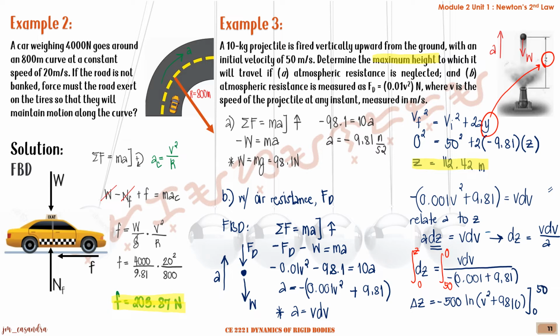So your z now, or delta height, is equal to 114 meters. Okay? So this is now our final answer. Pwede nyong i-simplify sa ganito or diretso nyo na sa calculator yung value na ito. You'll arrive at 114 meters.